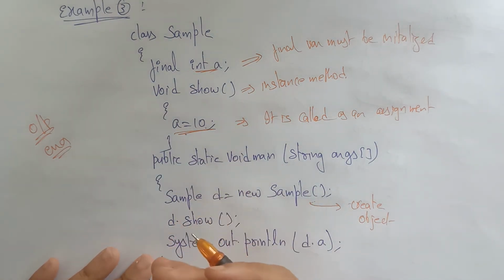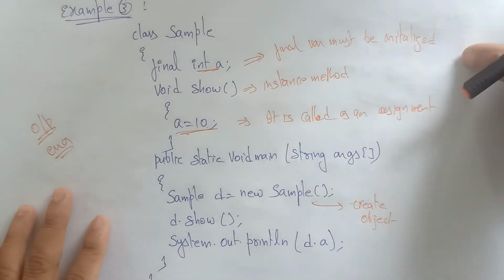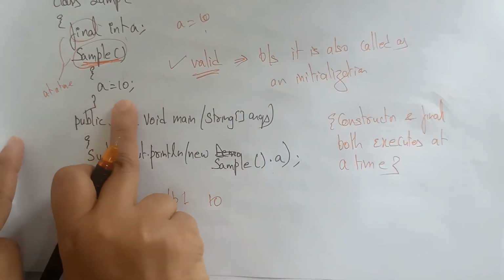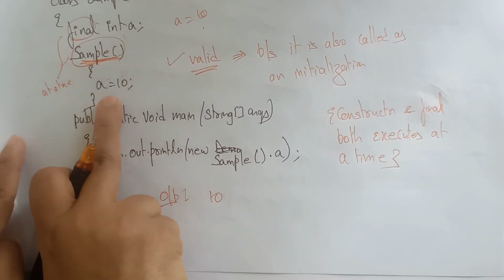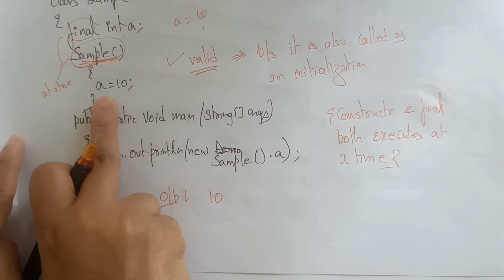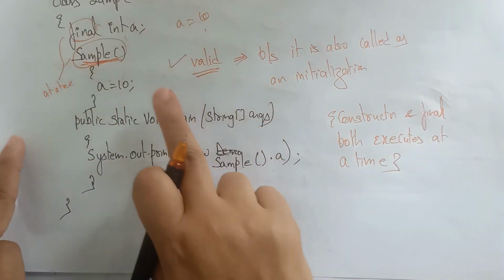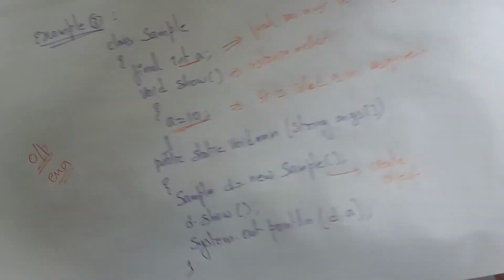In the previous example, that is a constructor. If you do it inside the constructor, it is an initialization. So let's see this. Here, this is an initialization, not an assignment, because inside the constructor you are initializing. The constructor and final both will execute at the same time, so no problem.